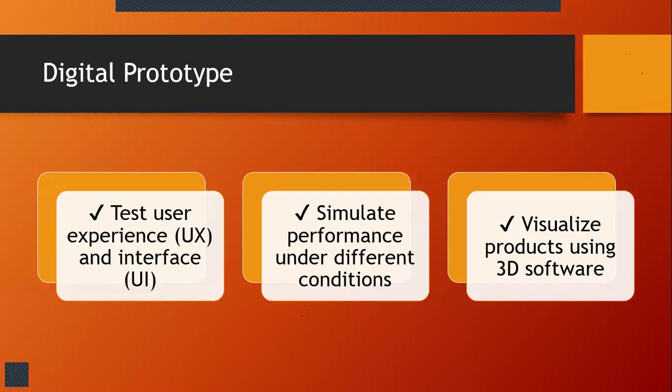For example, if it is an operating system or something, we can check how this particular operating system performs in different memory capacities, different power supplies, and then different things we can identify, whether this particular product is working.